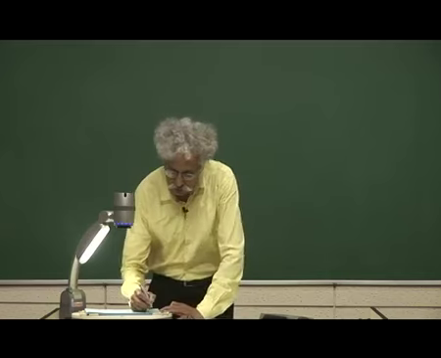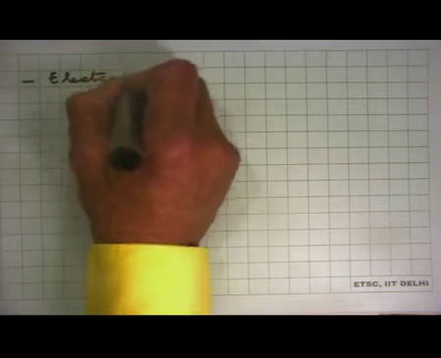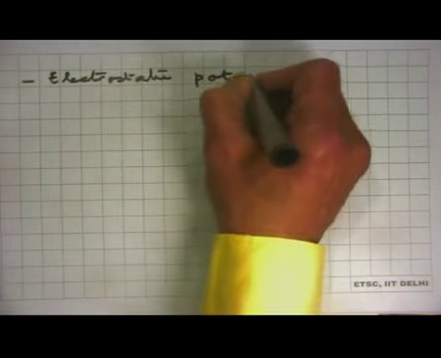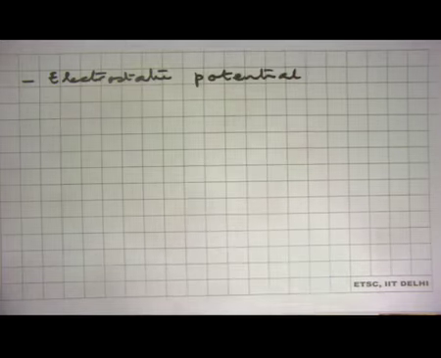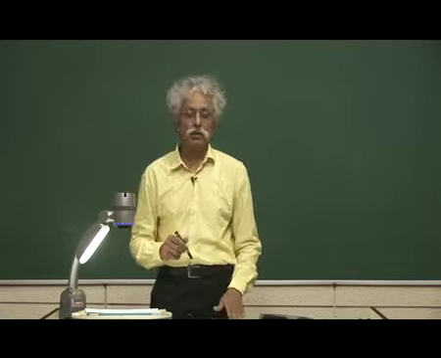We then defined the electrostatic potential as the work done in bringing a unit charge from infinity to that point.